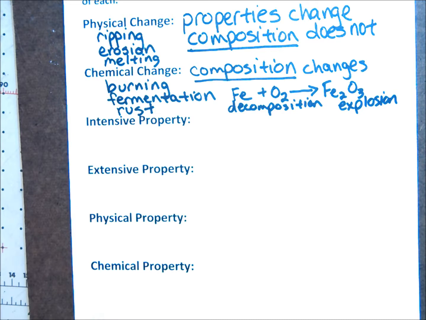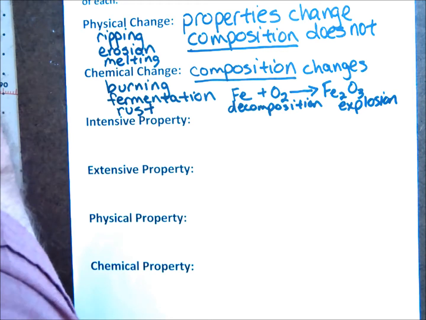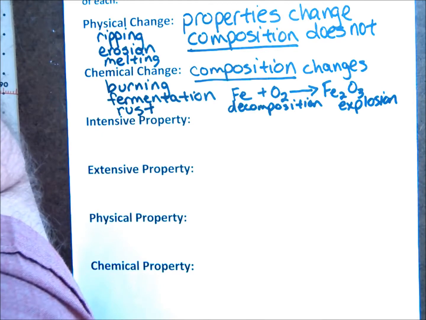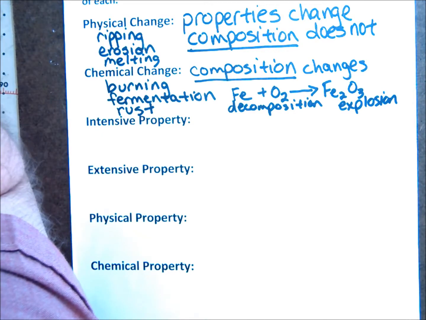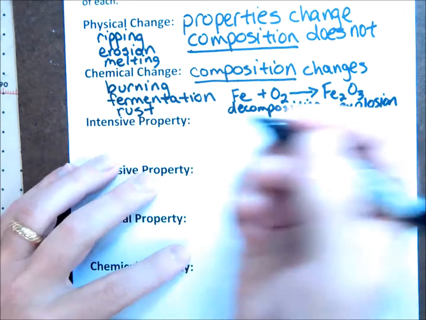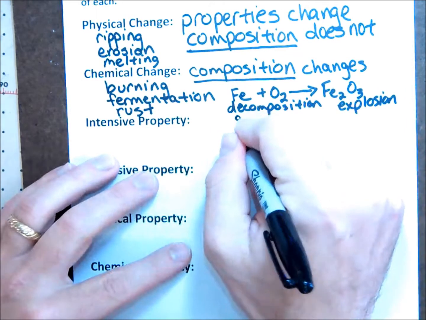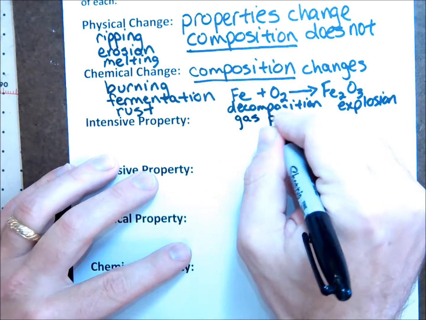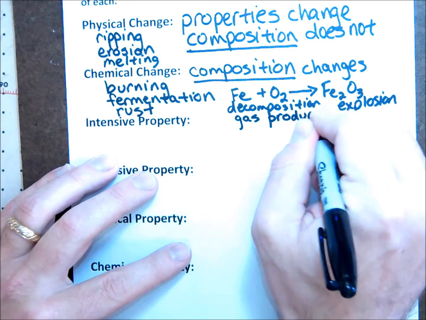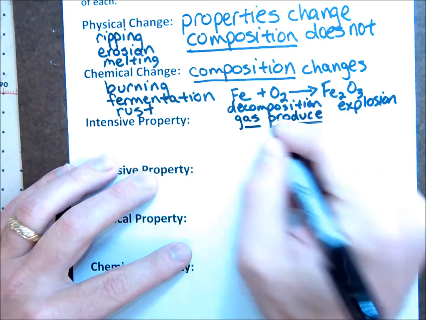Is evaporating a physical or chemical change? Why physical? Changes state. Like if you were talking about the gas evaporating. There, and here's the thing. You got to be careful because evaporating is only used to describe change of state.